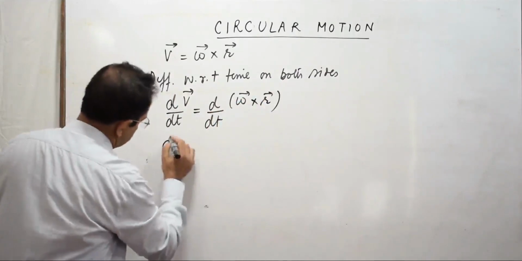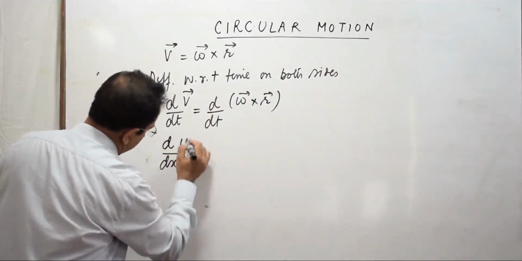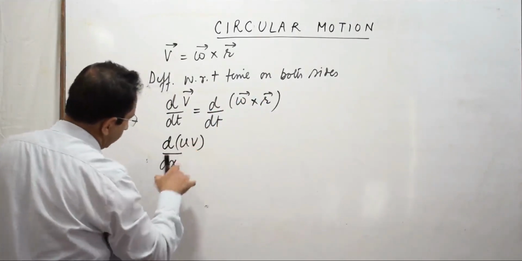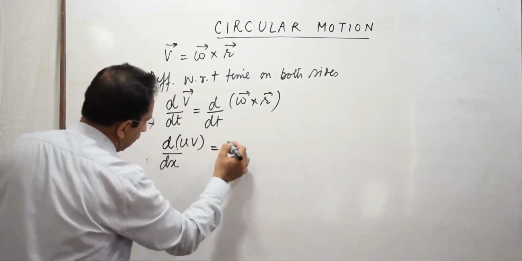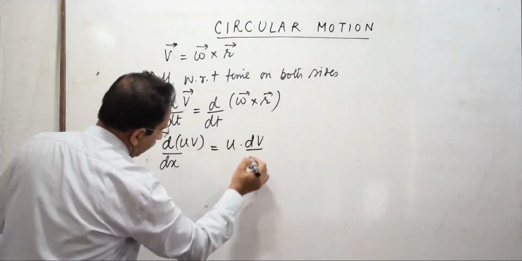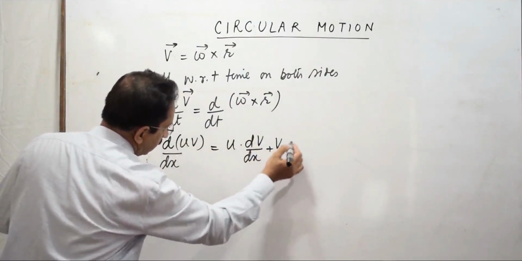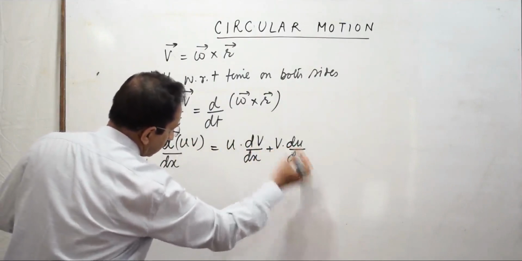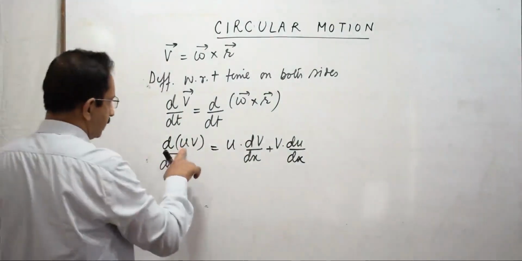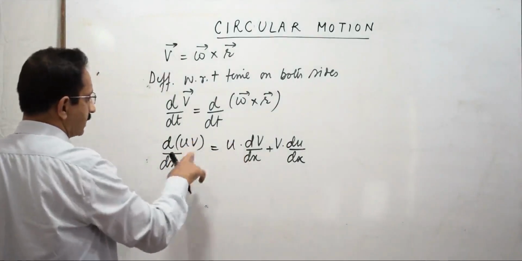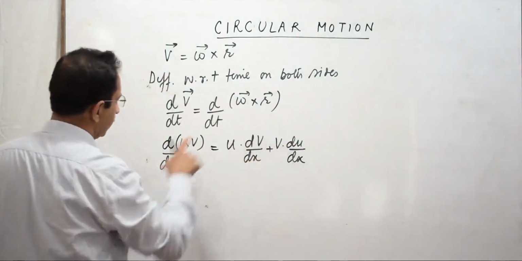Remember that when I say d over dx of uv, u is a function of x, v is a function of x, we have u into dv by dx plus v into du by dx. So you remember this: first into derivative of second plus second into derivative of first. So here we apply this.